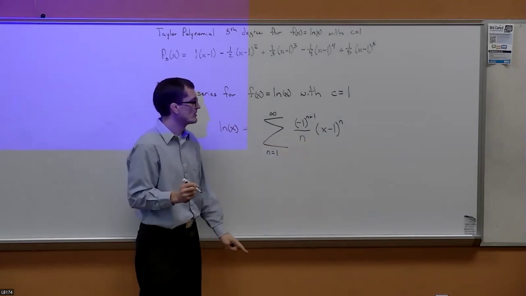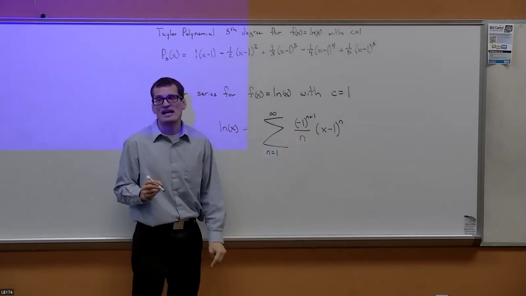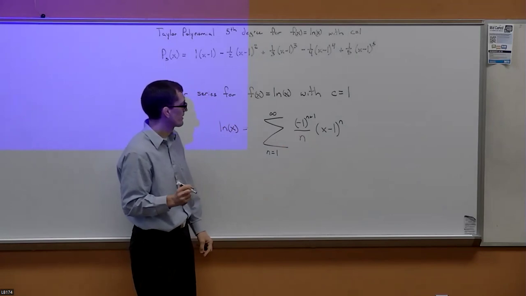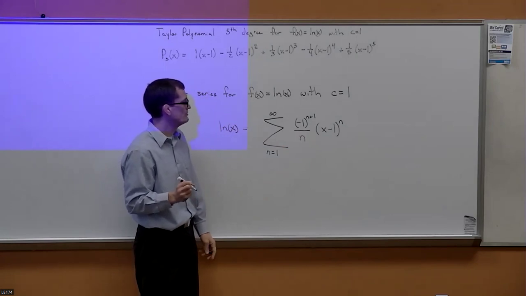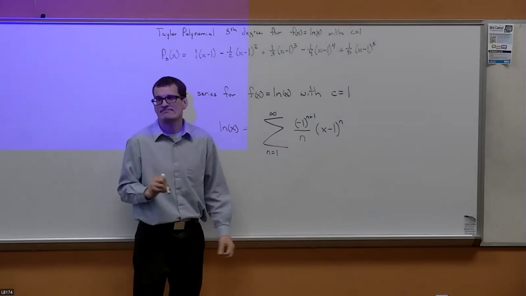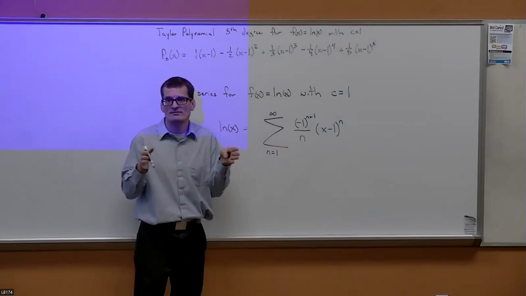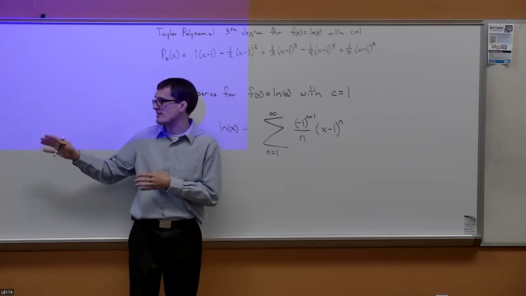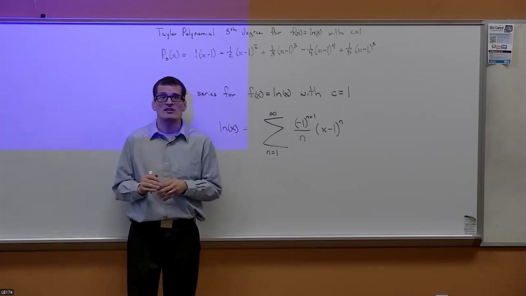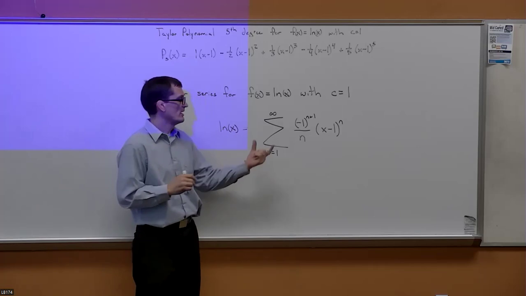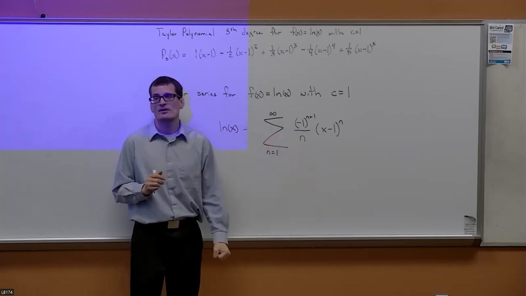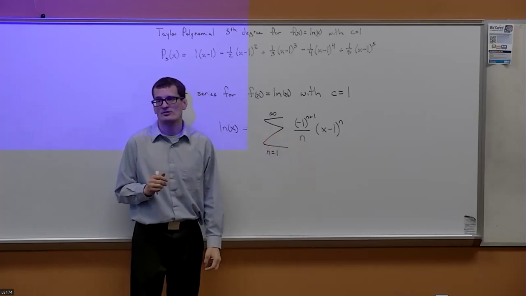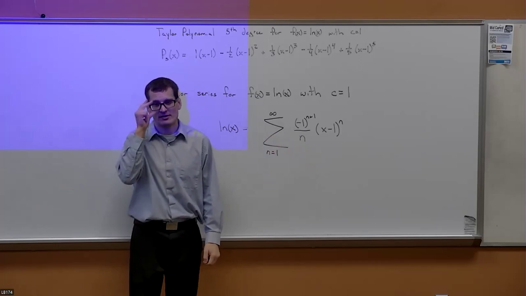But the interval of convergence of this one is actually between 0 and 2. So it has a smaller interval of convergence, doesn't it? The e to the x converged everywhere. This series converges only from 0 to 2, not including 0.